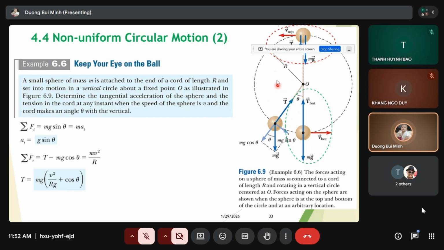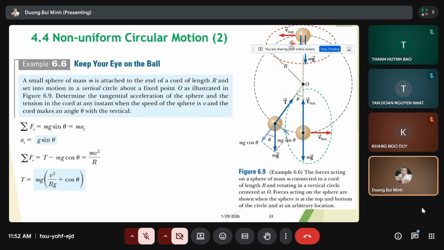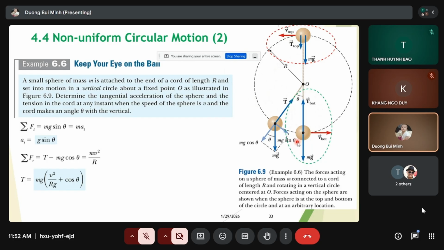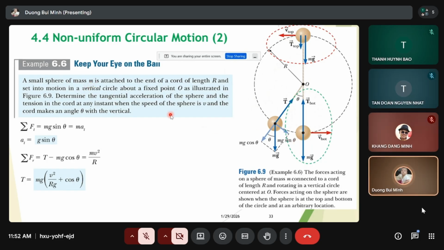Now we consider these systems. For these systems, we have the top position and the bottom position. A small sphere of mass m is attached to the end of a cord of length, I mean radius, r, and set into motion in a vertical circle.